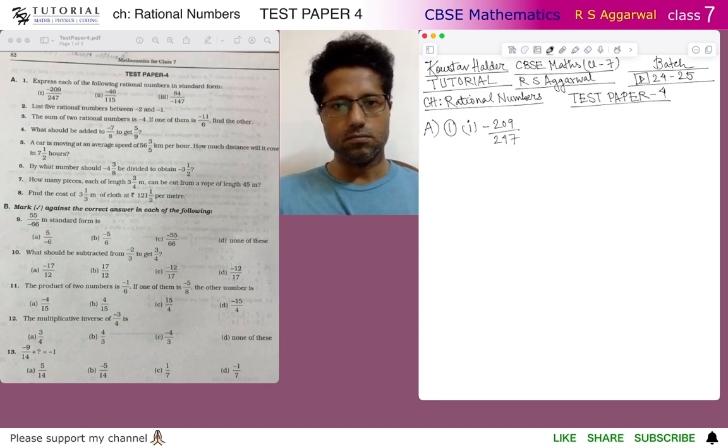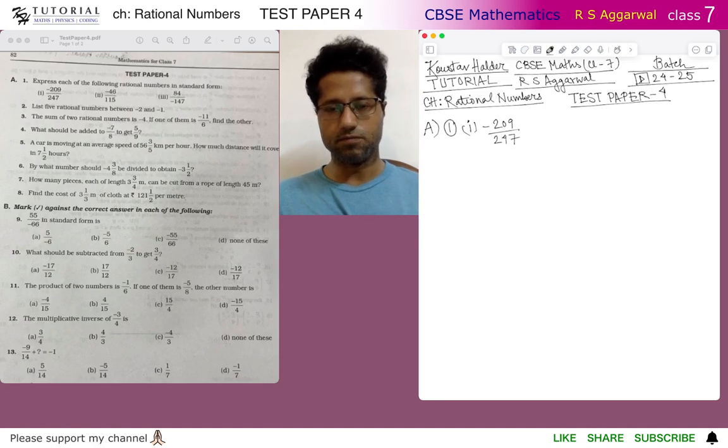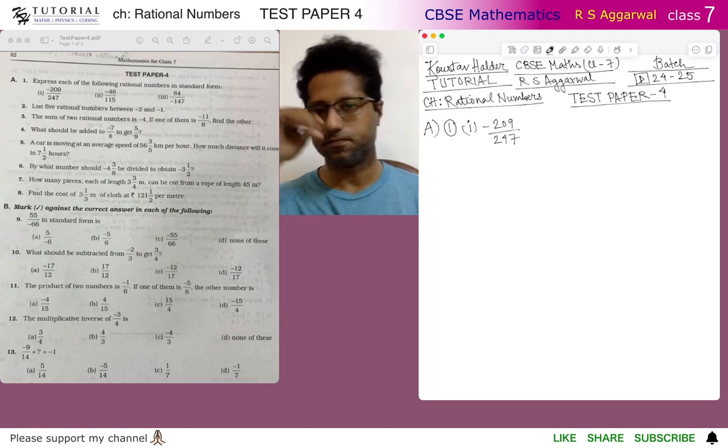A rational number is in standard form when the denominator is positive and there is no common divisor of the numerator and the denominator, that is, the HCF of numerator and denominator is 1. Now the denominator is already positive in this example. We have to see if there is any common divisor between 209 and 247.